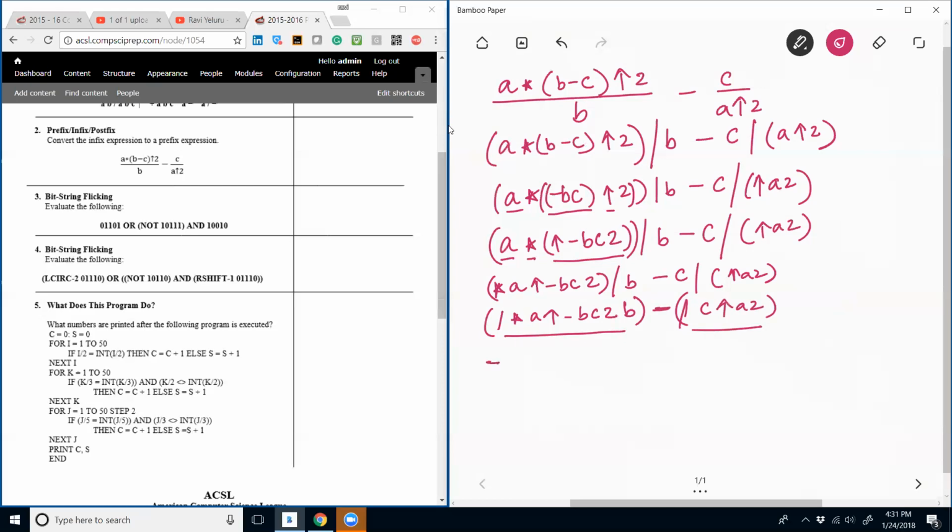Put the minus in the front, and then write this as is, right? Minus BC to B, and then write this C A2. So let me make sure that I got the right answer: minus slash star A up arrow minus BC to B slash C up arrow A2.